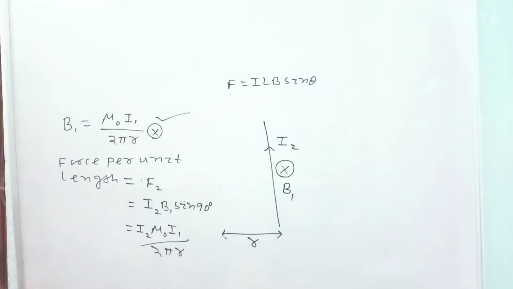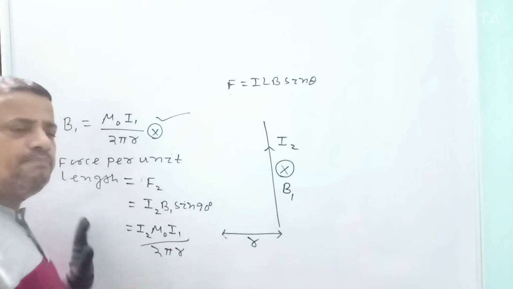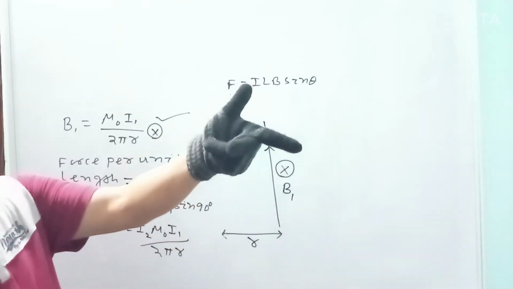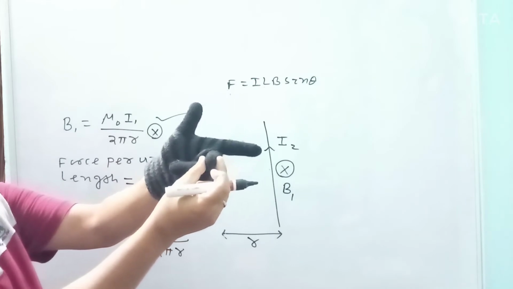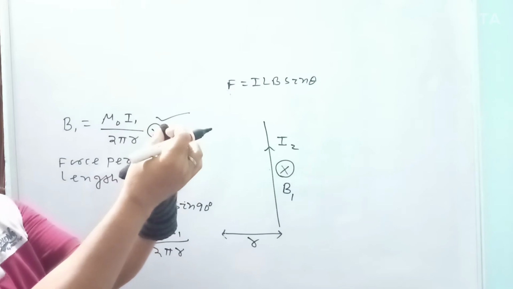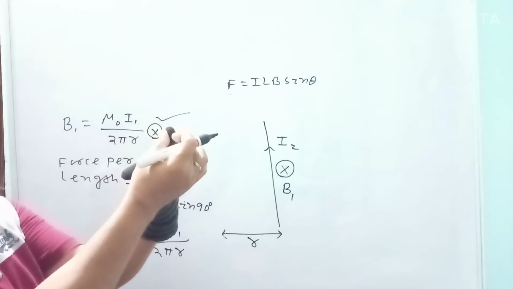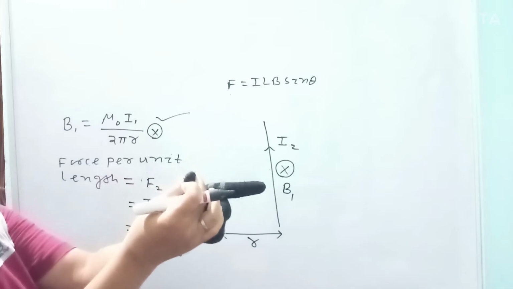So how to find the direction of that force F2? To know the direction of force, you have to apply Fleming's left hand rule. You see, this is the central finger, the direction of current. This is your forefinger, the direction of magnetic field. And this thumb gives you the direction of force.